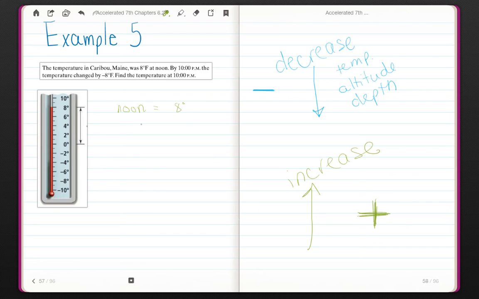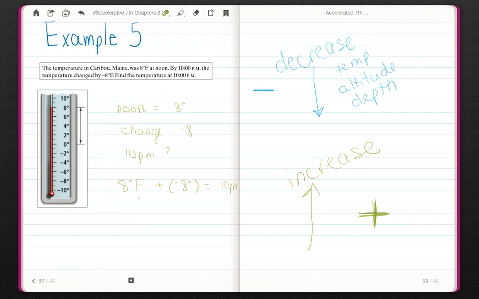We know that the temperature changed by negative 8 degrees, and I want to find 10 p.m. So 8 degrees where I started, minus, or actually plus, negative 8 degrees of my change equals my 10 o'clock temperature.